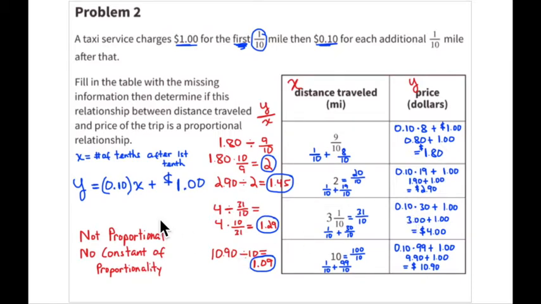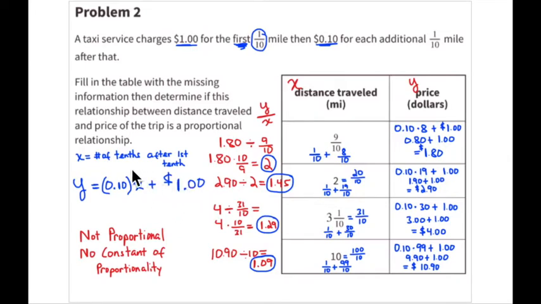So that part is proportional, and that's actually how I figured it out. I calculated the number of tenths, which is x, and multiplied that by 1/10, which is 10 cents. So how many 1/10 of a dollars are there? And then you add that $1 afterwards.